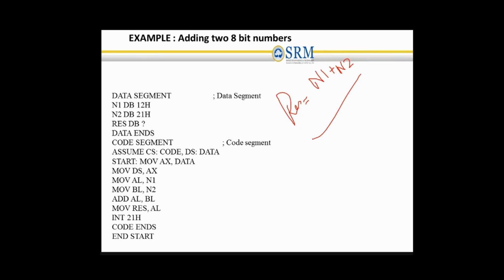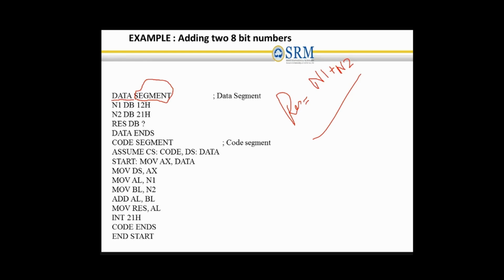The same kind of things we are going to do here also. For declaration and all, the data will be dealt with only inside the data segment. So you have to start with data, followed by SEGMENT, which is an assembler directive.